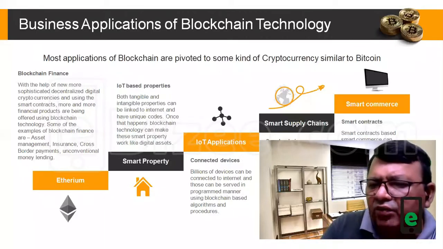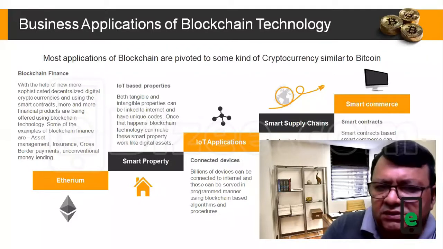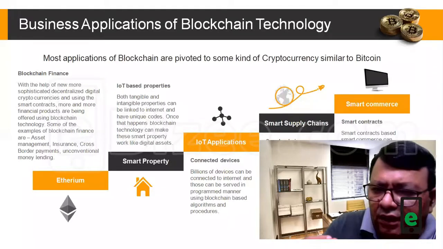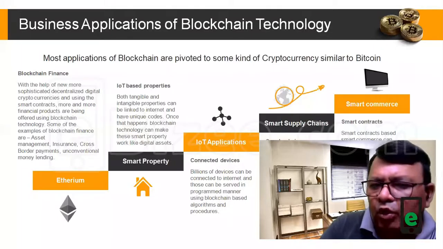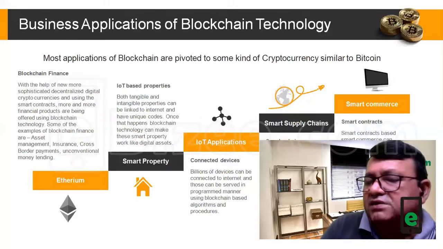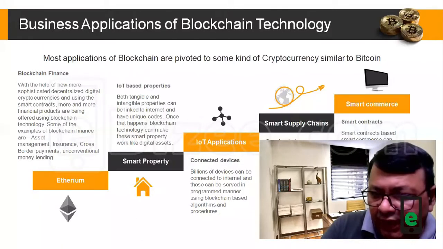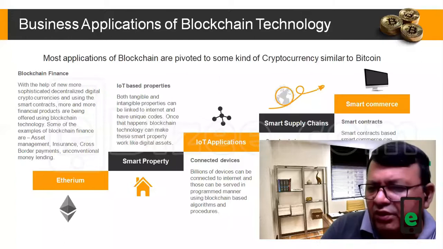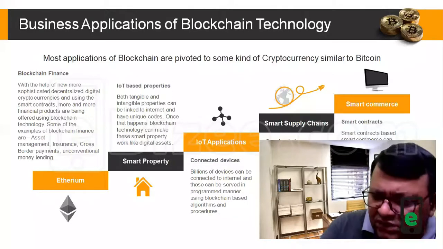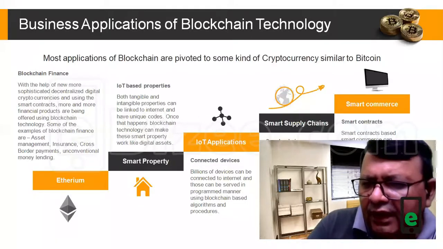So these Internet of Things based properties, both tangible as well as intangible, can be linked to the internet and have unique codes. Once that happens, blockchain technology can make these smart properties work like digital assets, which are tamper proof, where certain features can be added with a lot of trust on the technology.